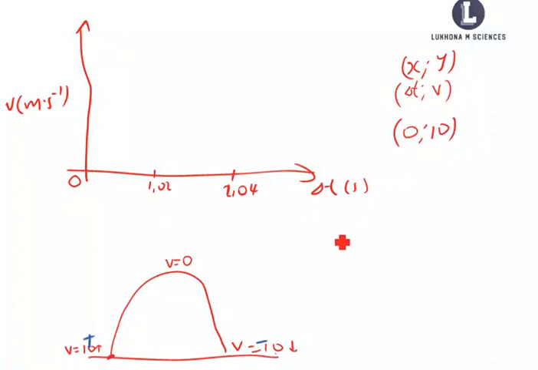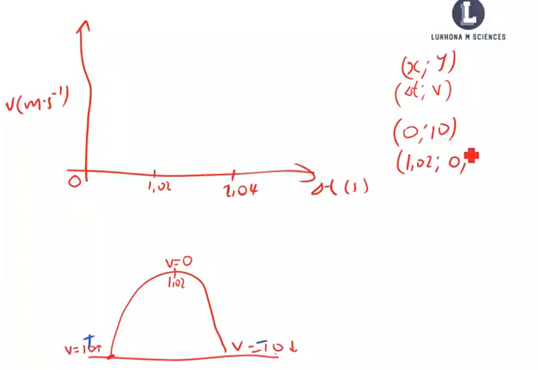The second point is this one here. How many seconds from here to here? To 1,02 seconds. The velocity there is 0. That is the maximum point.